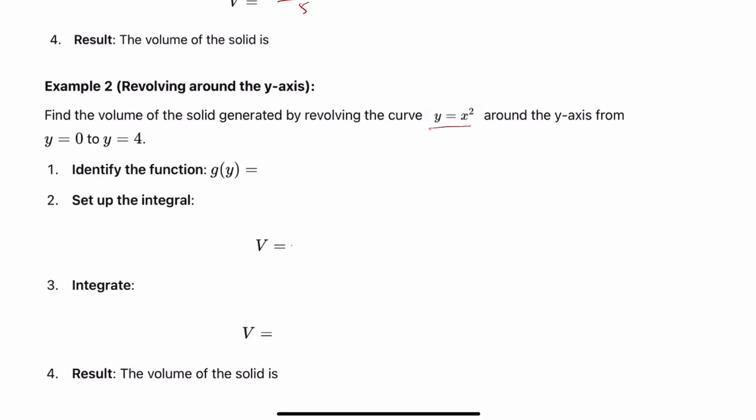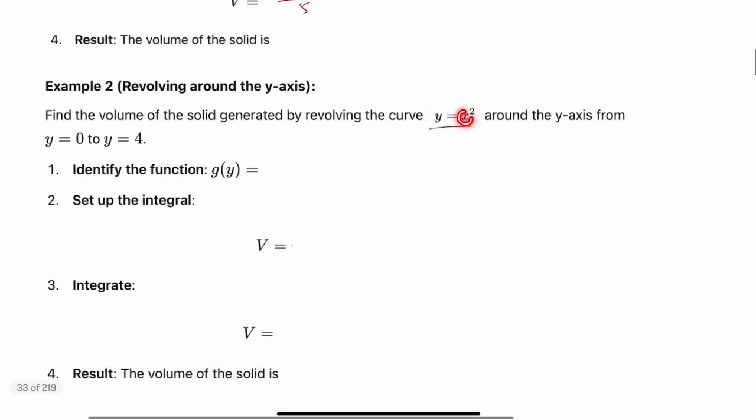Our function f of x is equal to x squared, but this is our y. I need to find x as something of y. So in this case, what I have to do is find x.